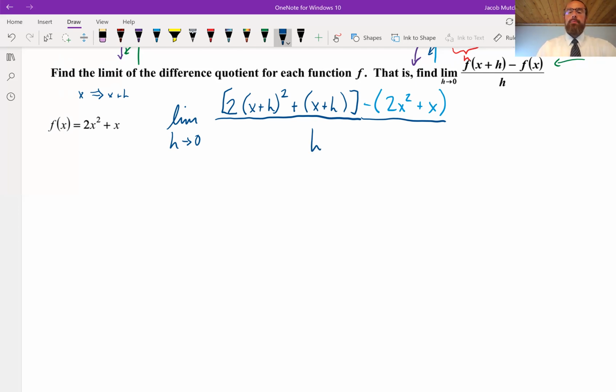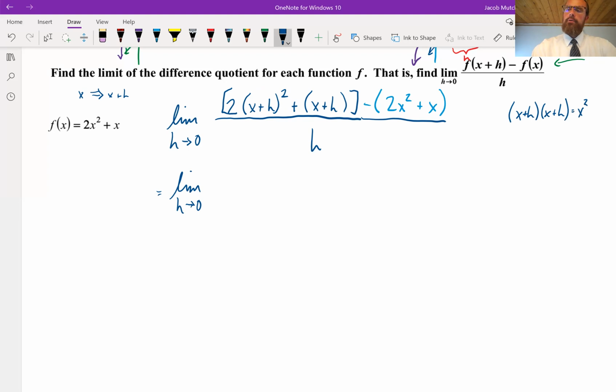So now I need to simplify that numerator. There's a lot going on there, and I'm going to start here with that x plus h squared. So this equals the limit as h approaches 0. So as I FOIL this out, I'm really going to multiply x plus h times x plus h. I'm going to expand it here on the right. So my first term is going to give me x times x is x squared.